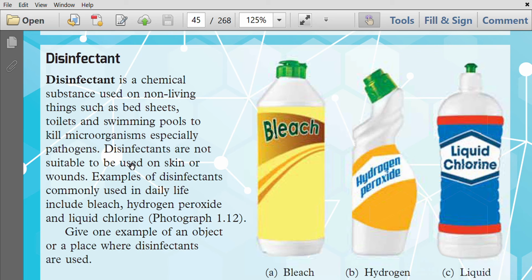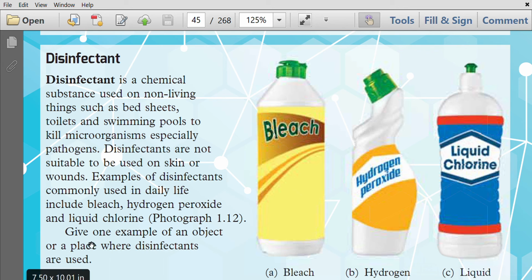Disinfectants are not suitable to be used on skin or wound. Examples of disinfectants commonly used in our daily life include bleach, hydrogen peroxide, and liquid chlorine.